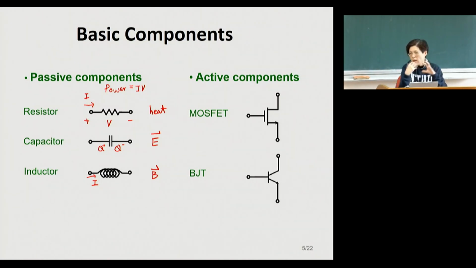If you have a perfect LC oscillator, then it will just transfer the energy between electric energy and magnetic energy, so it will oscillate forever. But in the real world, of course, there's parasitic resistance. It will dissipate a little bit as heat. So these are the passive components.